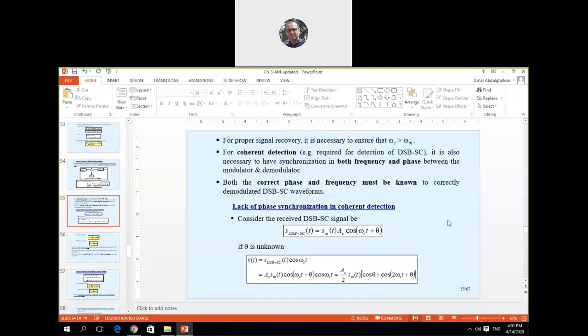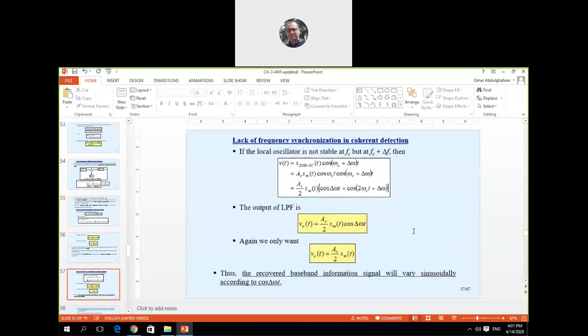If we have any phase distortion like this one, we cannot receive the original message. And if we have any frequency distortion, we also cannot receive the original signal. So this is what we call the disadvantages, the side effect of coherent detection in amplitude modulation.